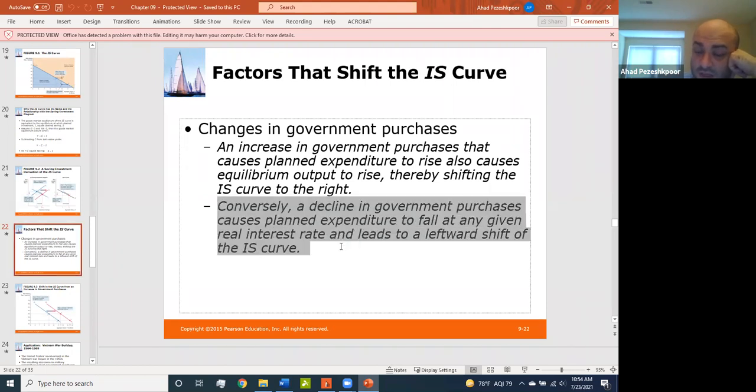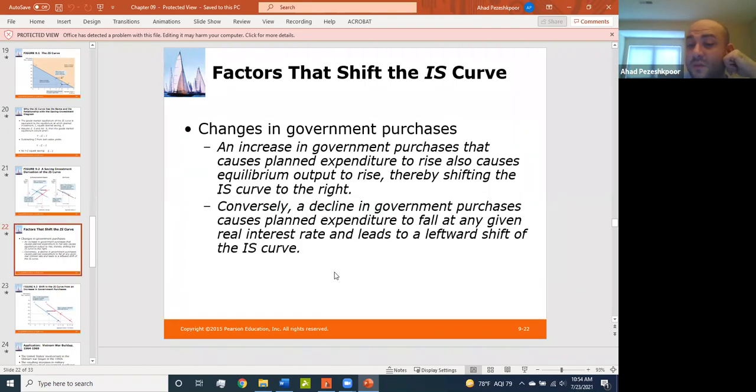Conversely, a decline in government purchases would cause planned expenditure to fall at any given real interest rate and leads to a leftward shift in the IS curve.